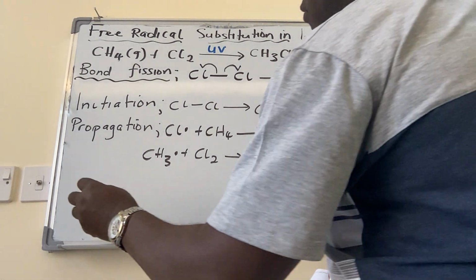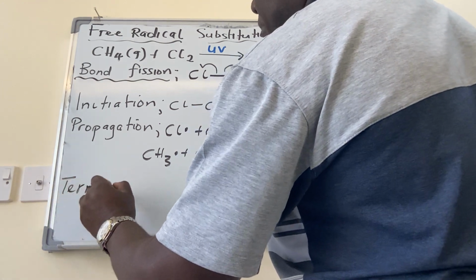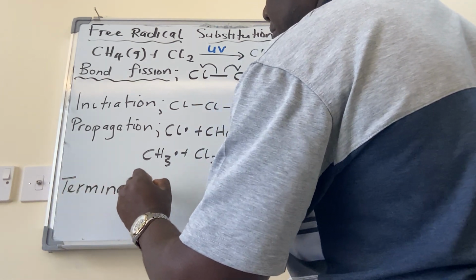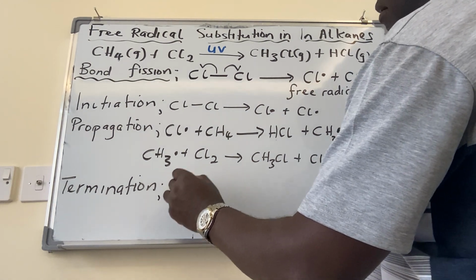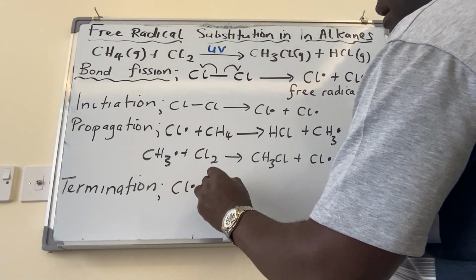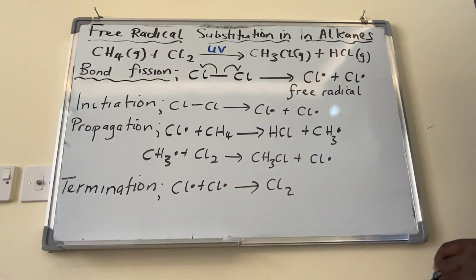But it may also so happen that the free radicals may collide amongst themselves, okay? In other words, a chlorine free radical can collide with another chlorine free radical, and that will result in the formation of chlorine. Remember, this is chemistry happening.